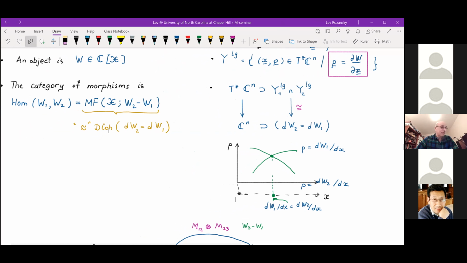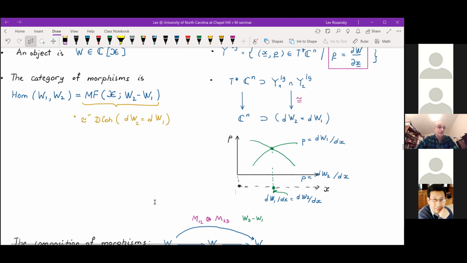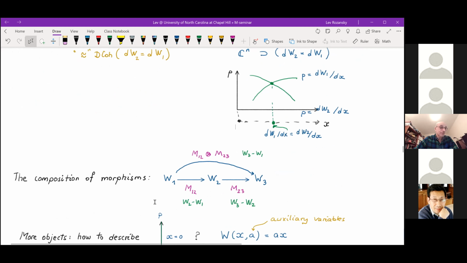But if the critical locus of W2 minus W1 is not good, then you get something different, so you should take matrix factorizations.